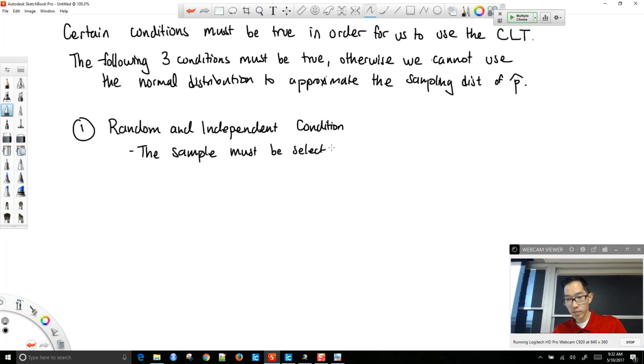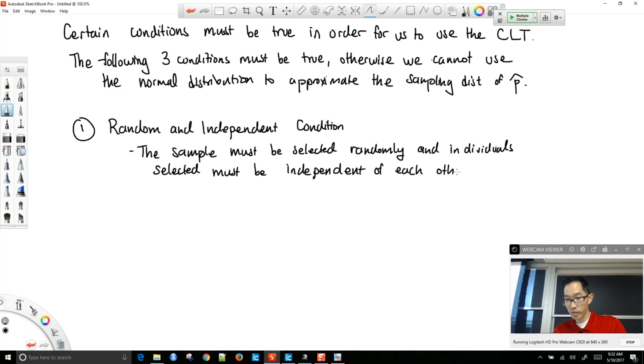And individuals selected must be independent of each other. Basically, you want to make sure that somewhere in the problem it says the sample was randomly selected, and that there are no biases that can form.